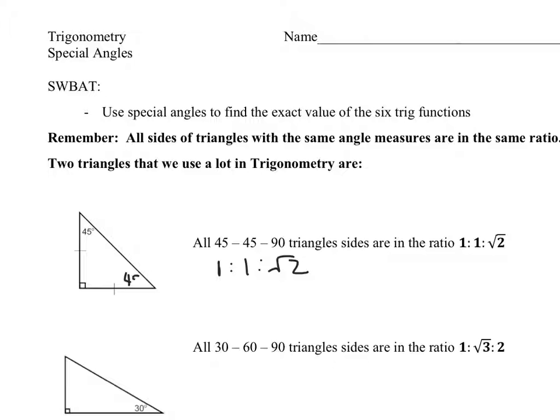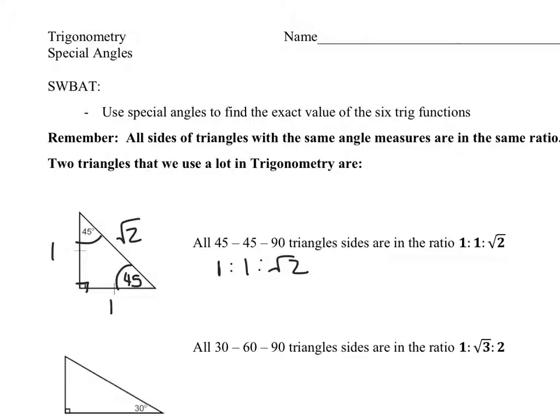It's 45, 45, 90 because this is 90 and the two 45s all add up to 180. The side opposite 45 is 1, and the side opposite the 90 is radical 2.